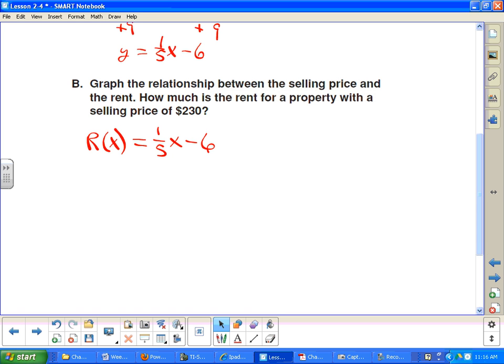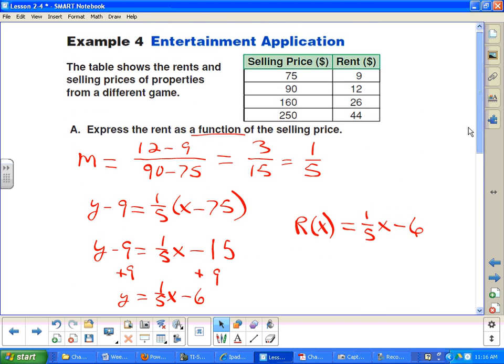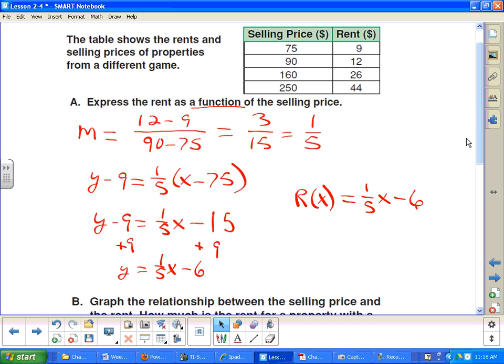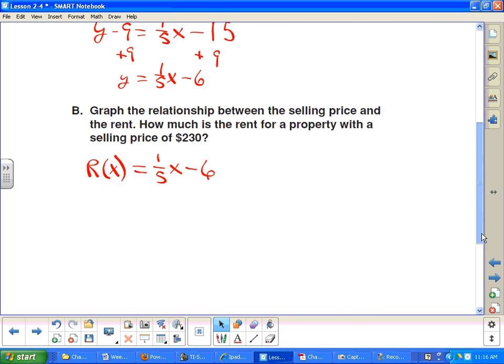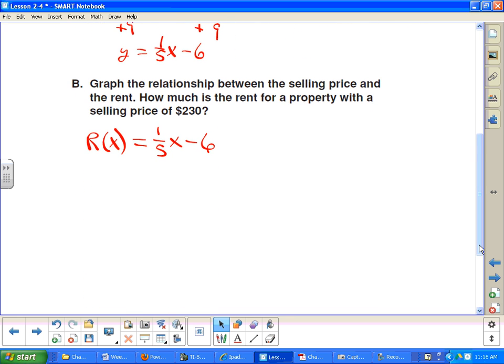So we would want to make sure then that we use a graph that is going to incorporate these numbers here. So you'd want to make that graph large enough.